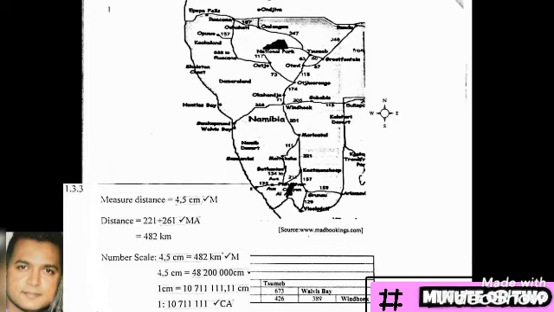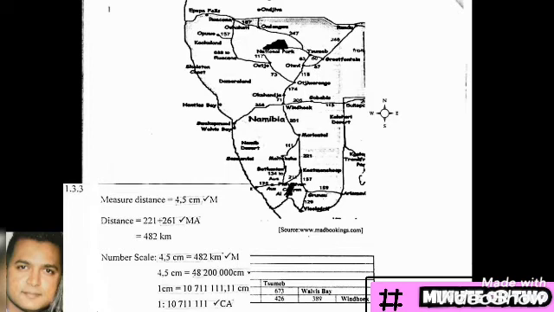Remember that our amount that we measured on the map is in centimeter, and the actual distance, the 221 plus the 261, is in kilometers. So when we're working out our scale, we must work in the same units. Generally we bring it down to centimeters. So we've added up the actual distance and we have an amount of 482.